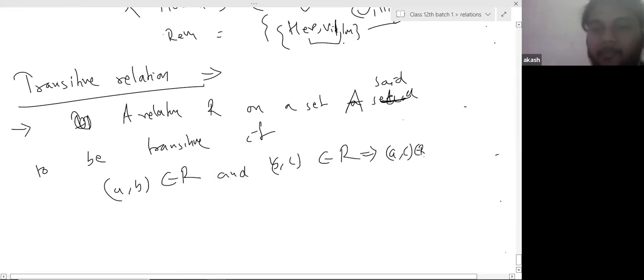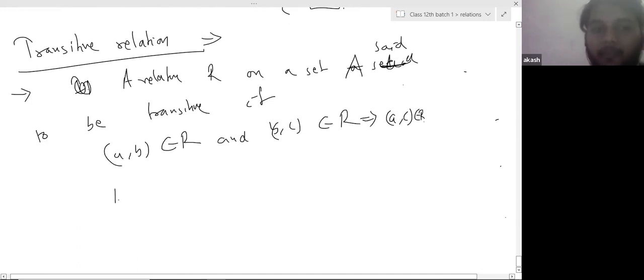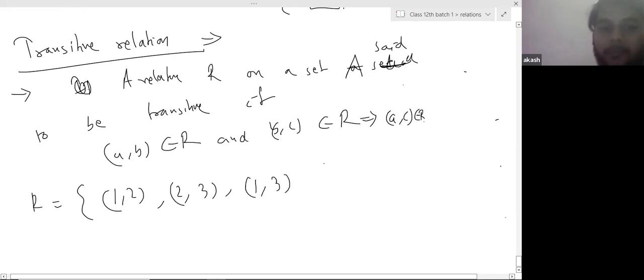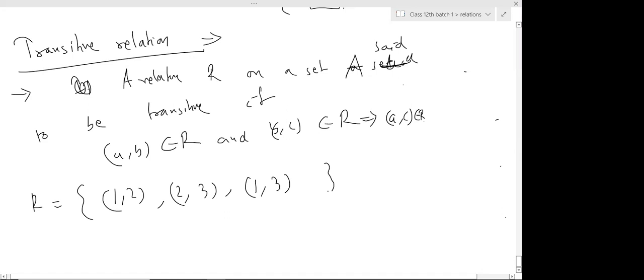What this is saying is, if you have (1, 2) in the relation set and (2, 3) in the same relation set, then you must have (1, 3) also. Is this clear, everyone? Yes, sir.